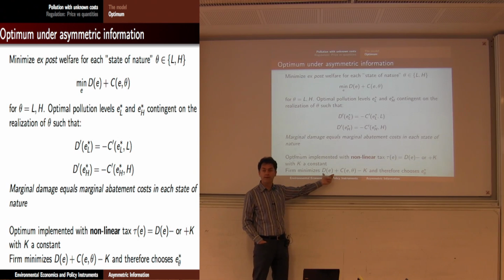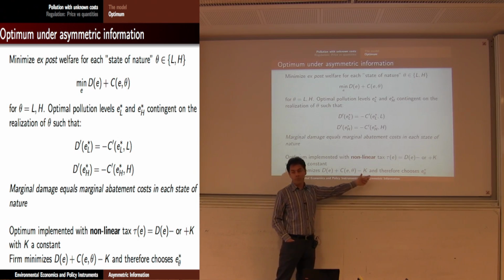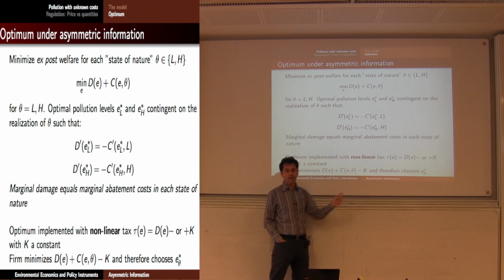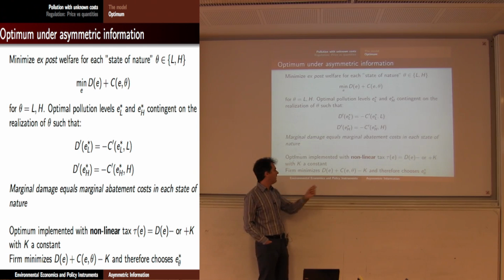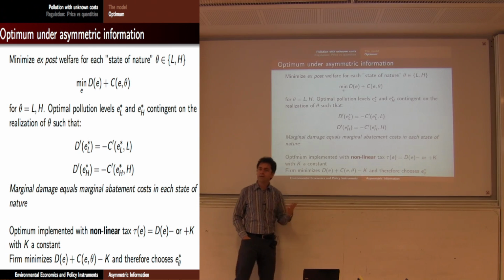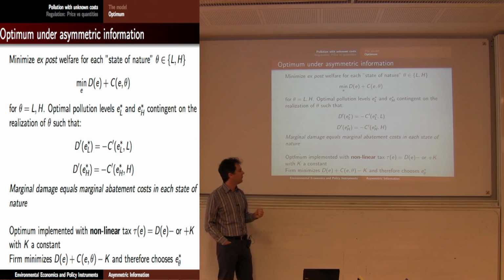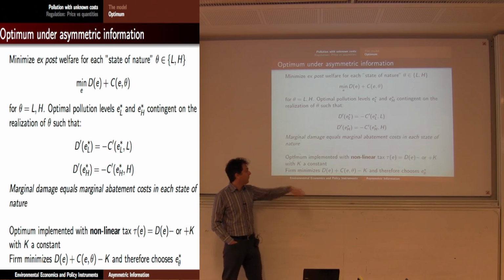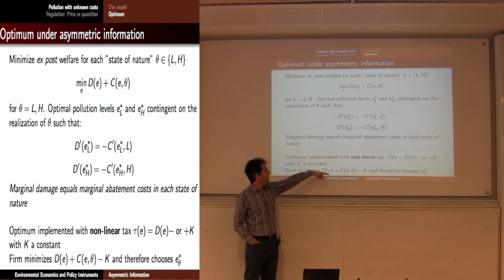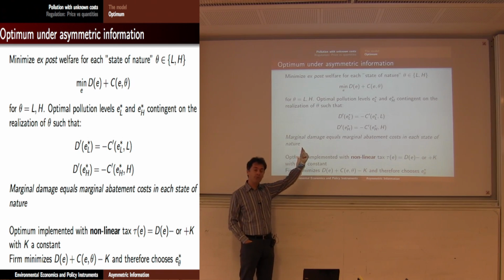This will be the tax rate, and that as well. So you can have a constant just to make sure, for instance, that the profit of the firm is positive. You want the firm to stay in business. Solving this problem, the firm will equalize marginal abatement cost to marginal damage.